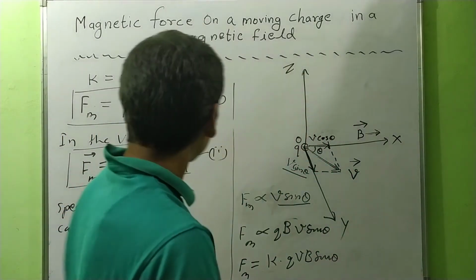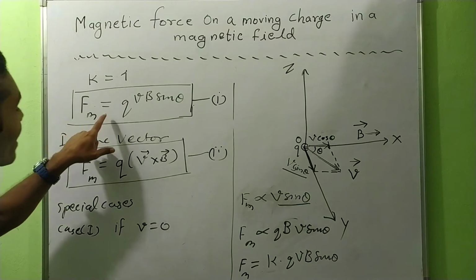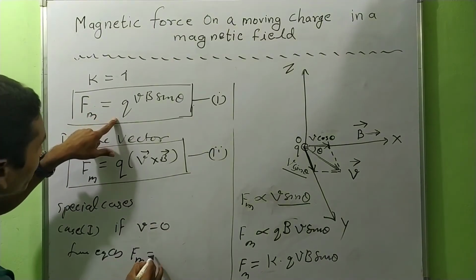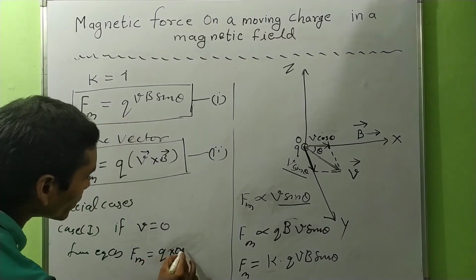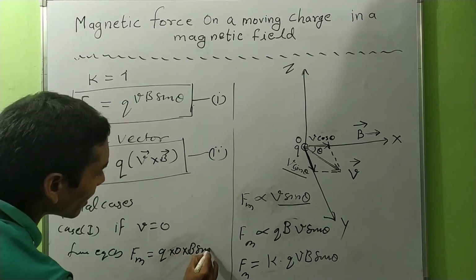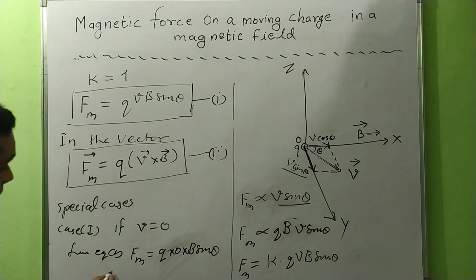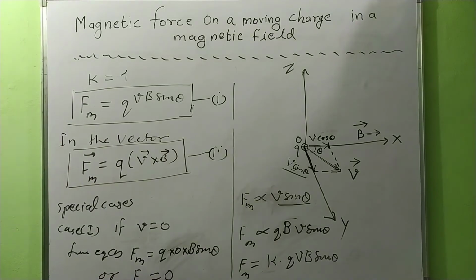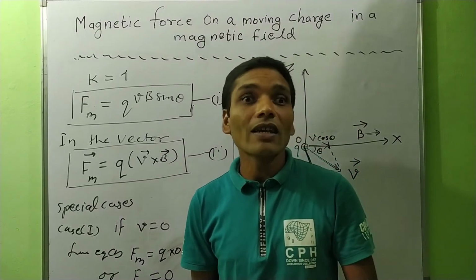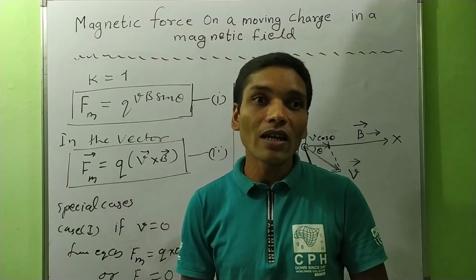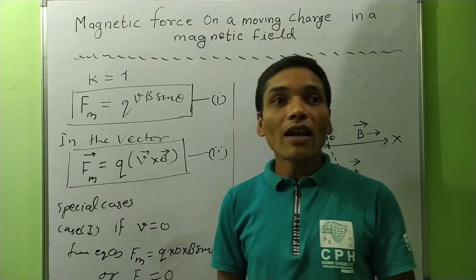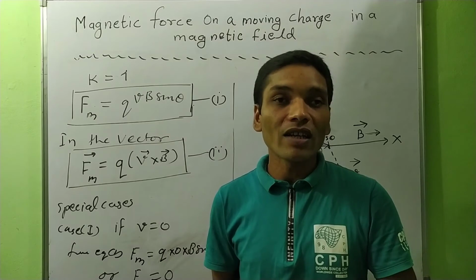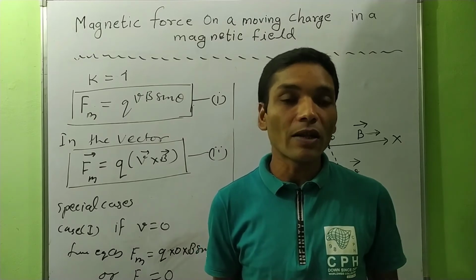In this case, the magnetic force from equation first, Fm will be equal to q into 0 into B sin theta, or Fm will be equal to 0. It means if the charged particle is at rest in the magnetic field, then the charged particle does not feel any type of magnetic force in the magnetic field.